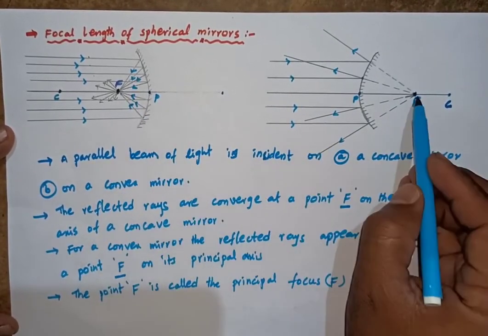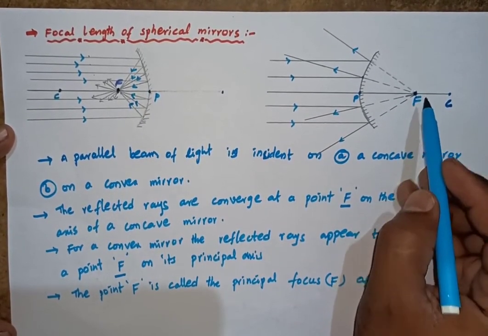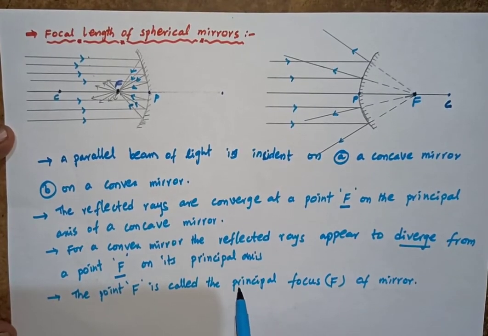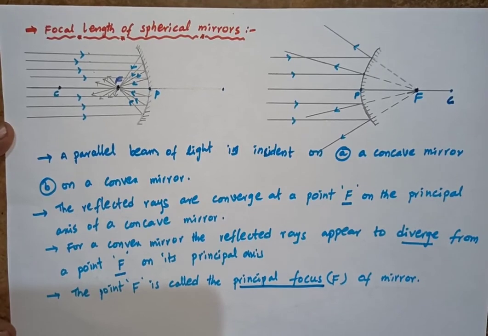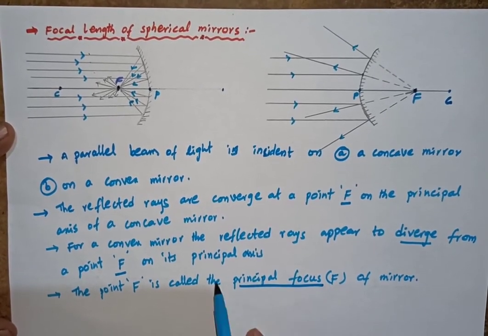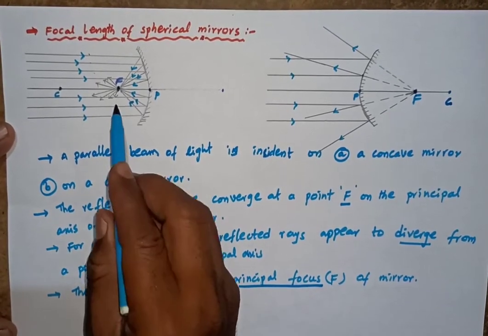The converge point F and the diverge point F are called the principal focus or focal point.